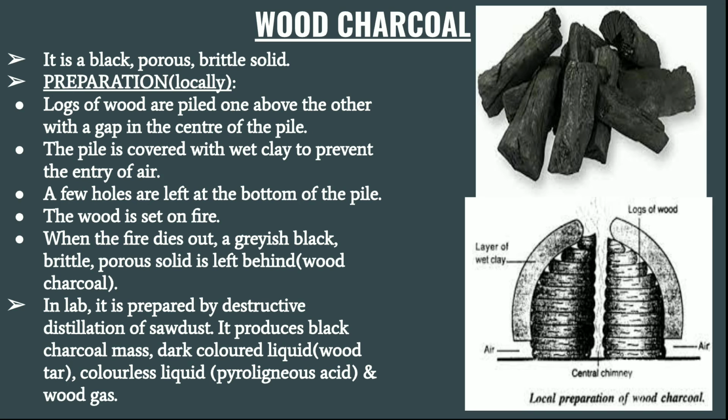Next, wood charcoal is a black, porous, and brittle solid. See the picture of the wood charcoal, and how it is prepared locally. Locally, we pile up the logs of wood, one above the other, keeping a gap in the center.